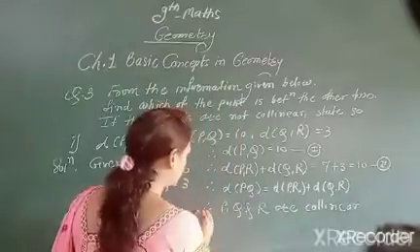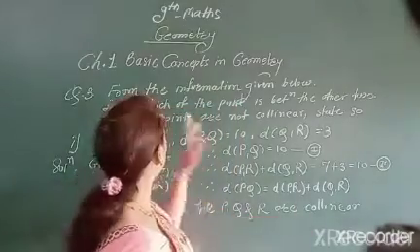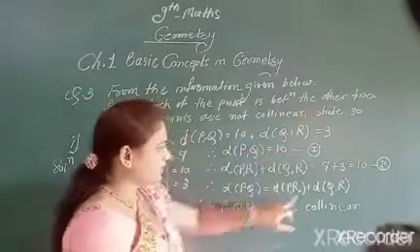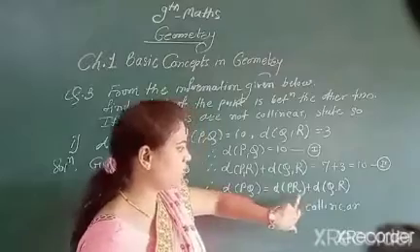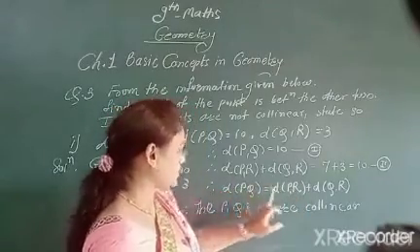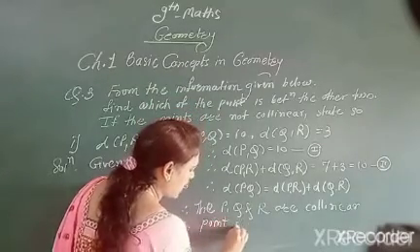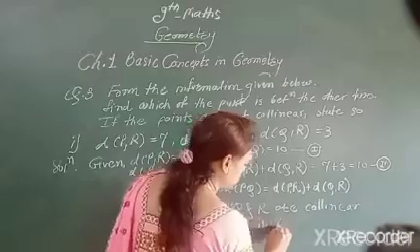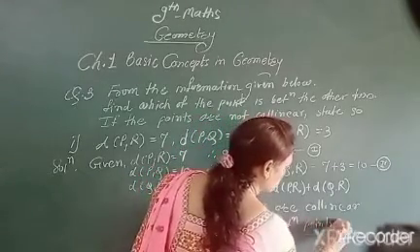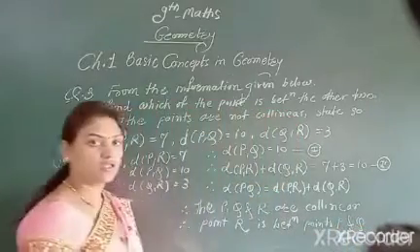Here the points P, Q, R are collinear, and which point is between the other two? Here R is common in both. Therefore R is between P and Q. Therefore point R is between points P and Q.